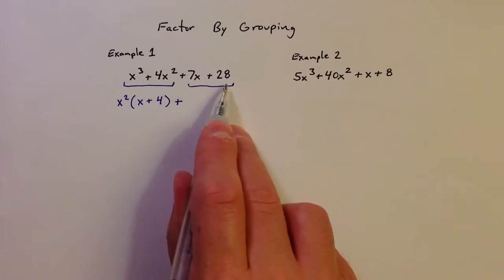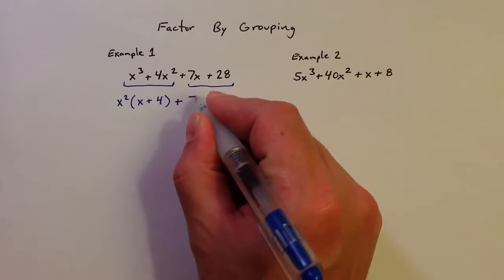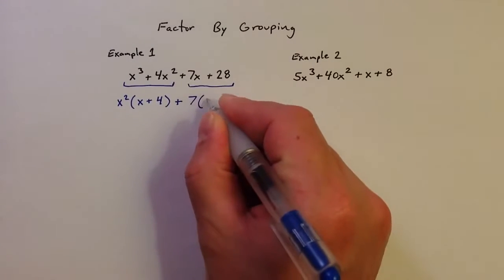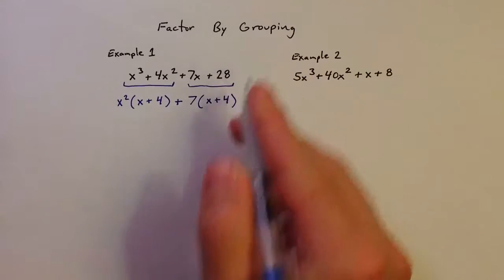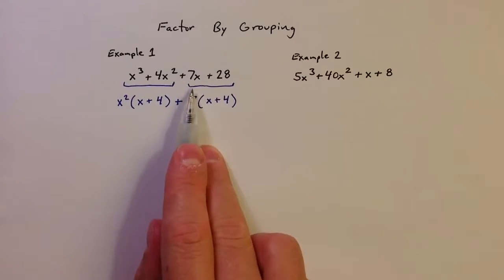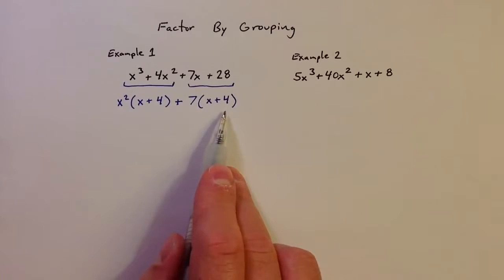Between just those 2 terms, the common factor is 7. And this is kind of important: what it leaves behind, if I factor out a 7, 7x leaves behind an x, and 28 leaves behind a 4, because 7 times 4 is 28.